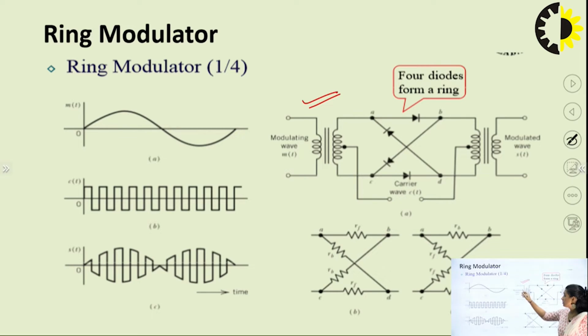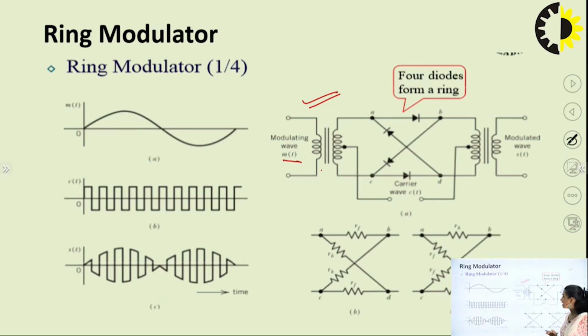From here, we apply my modulating wave, which is m(t), and it will be mutually induced here with the help of these two primary and secondary coils. Here I can see the direction of diodes. These two diodes are applied in this manner, and in the shape of this ring, two more diodes are applied, right? We can name them D1, D2, D3, D4.